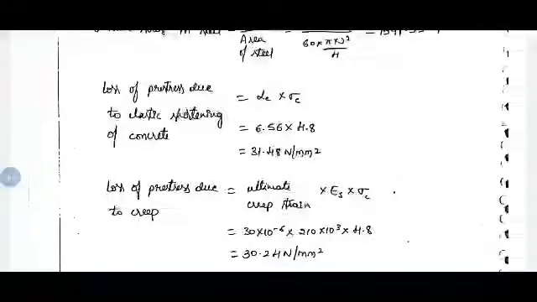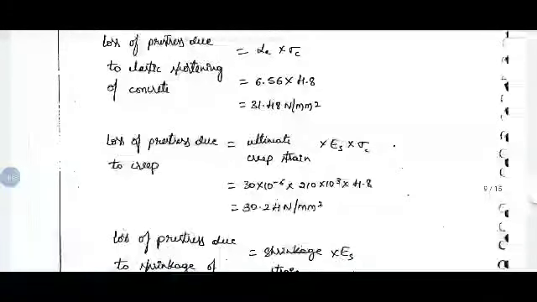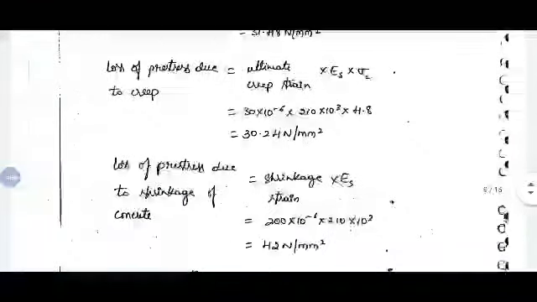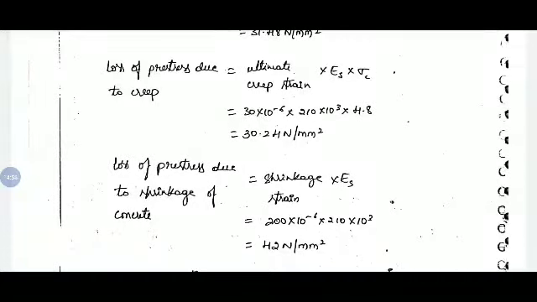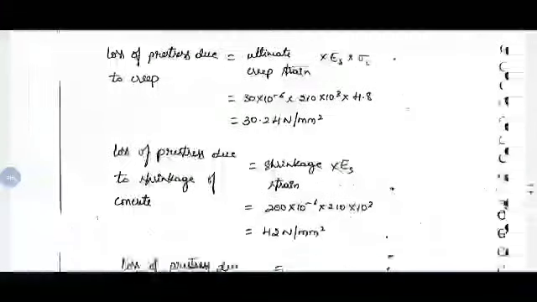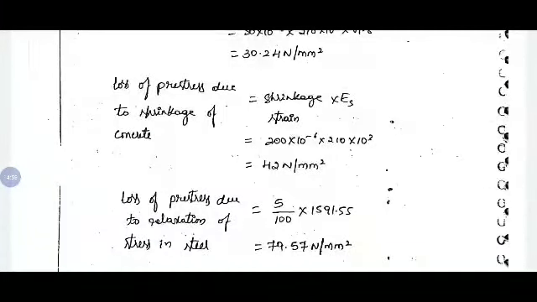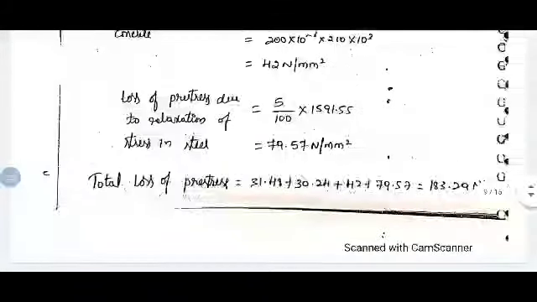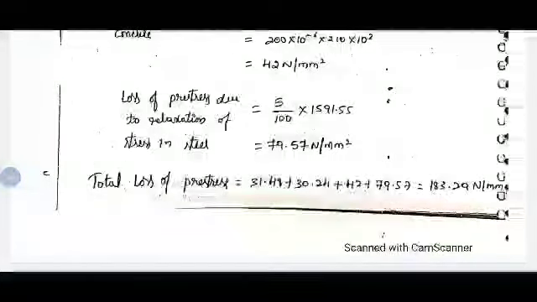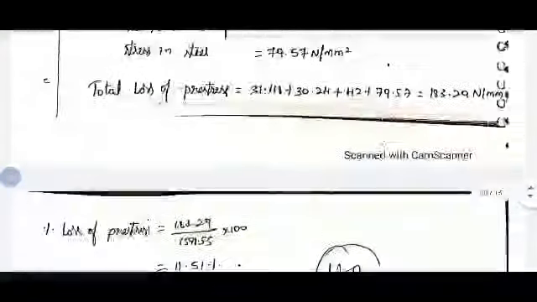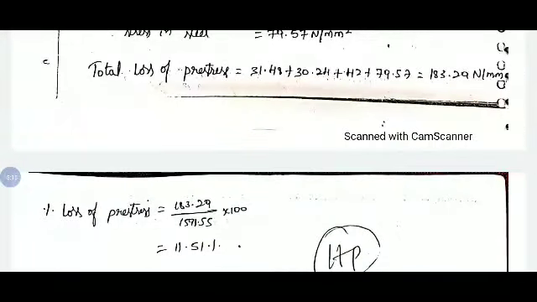Substitute the values, we will get 30.24 Newton per mm square. Loss of pre-stress due to shrinkage of concrete, shrinkage strain is given, Young's modulus of steel is given. Loss of pre-stress due to relaxation of stress in steel, it is given 5% of initial stress, so 5% of 1591.55 Newton per mm square. So add all the losses, that will be total losses 183.29, then take the percentage.